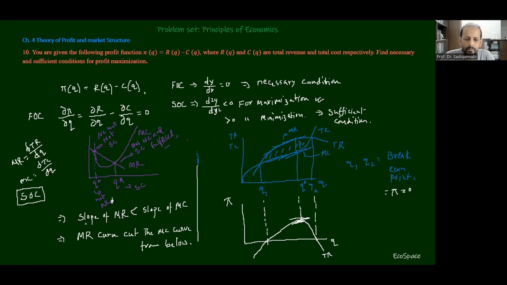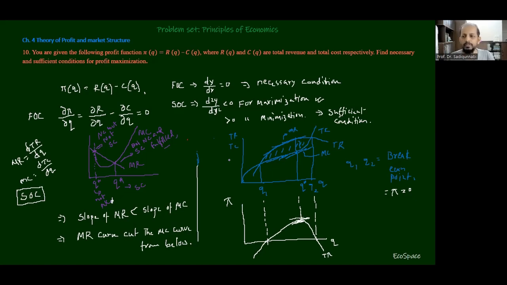The slope of MR should be less than the slope of MC. All right. So this is the graphical depiction of the solution of the problem. So we found the necessary and sufficient conditions for profit maximization.